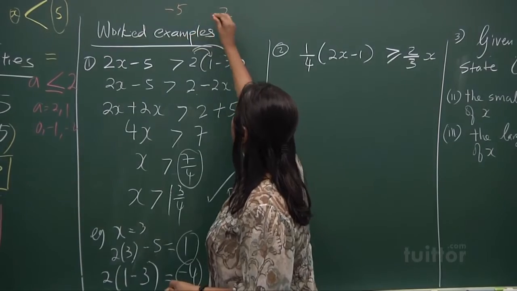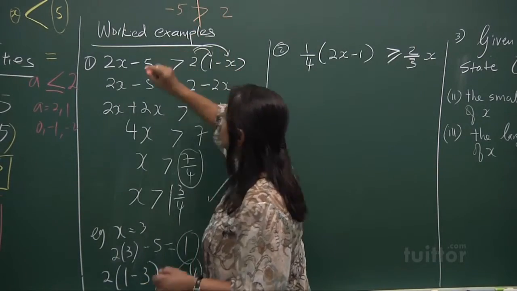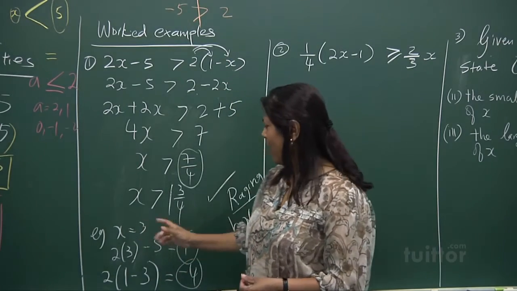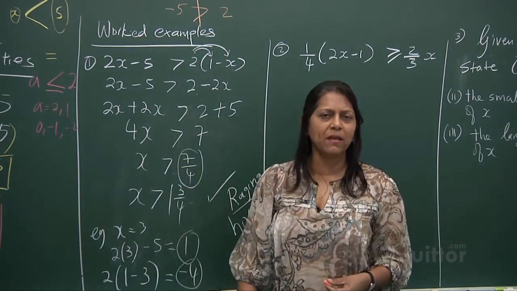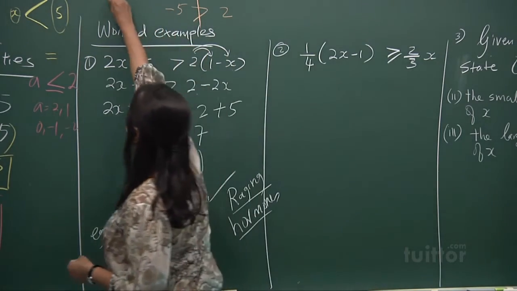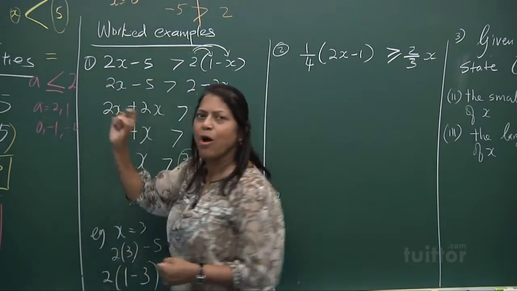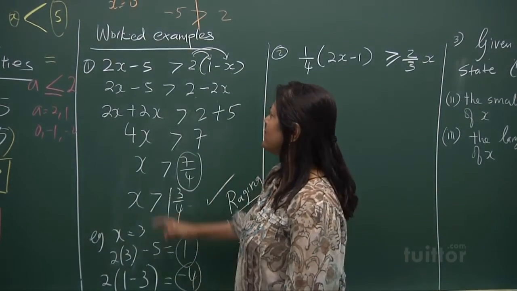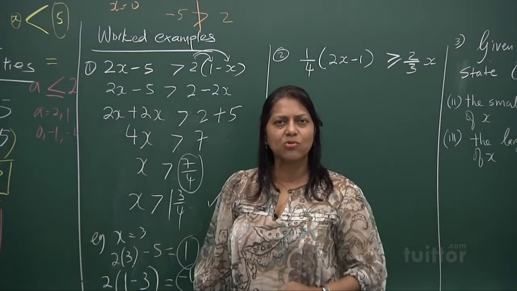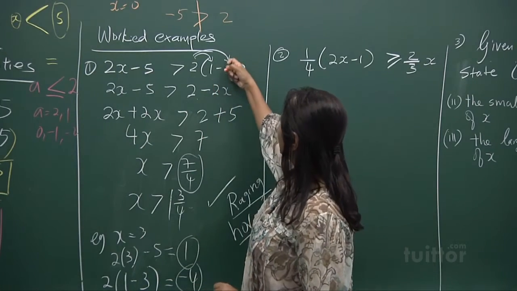Is minus 5 bigger than 2? Oops! No. So it does not satisfy, you see. It cannot happen. X must be bigger than 1 3/4. When we put X as 0, it does not work. Even if X is 1, 2 take away 5 is a minus 3. Yes, here, you take a 1.